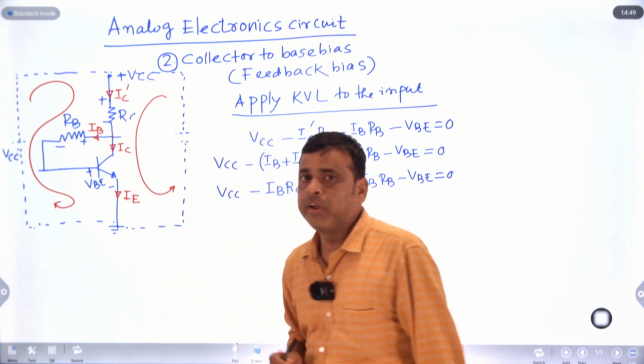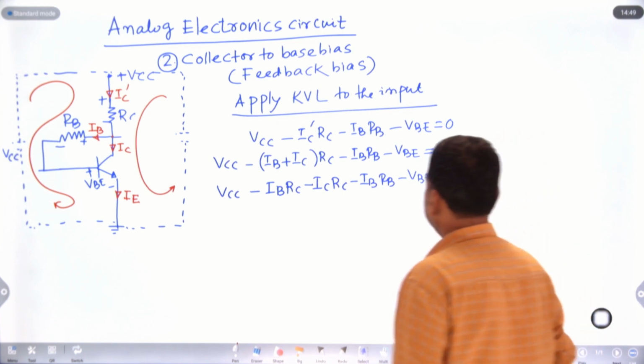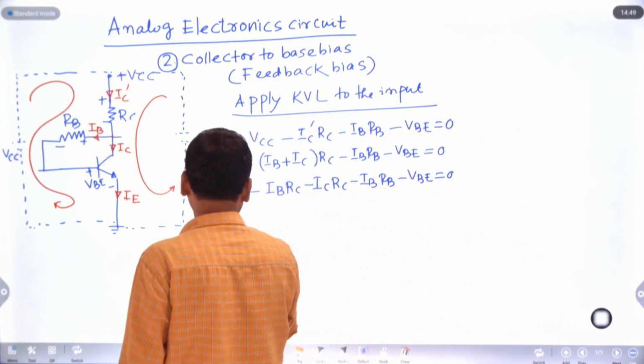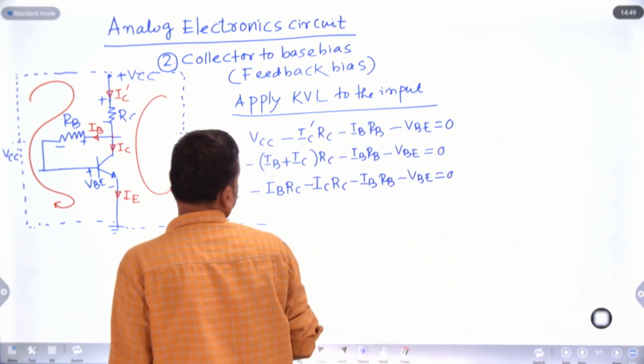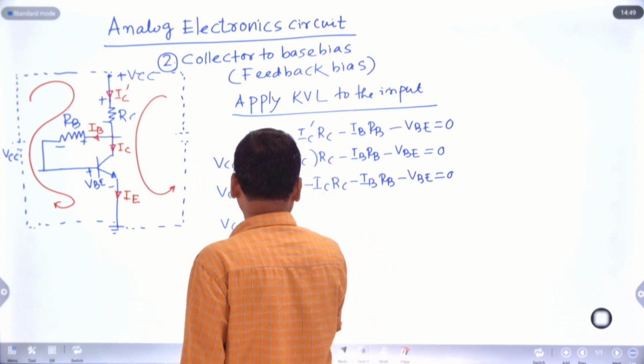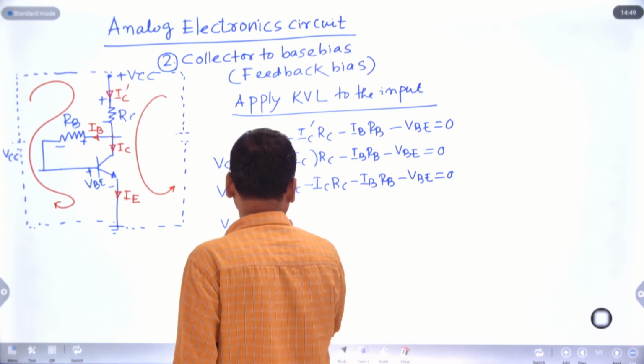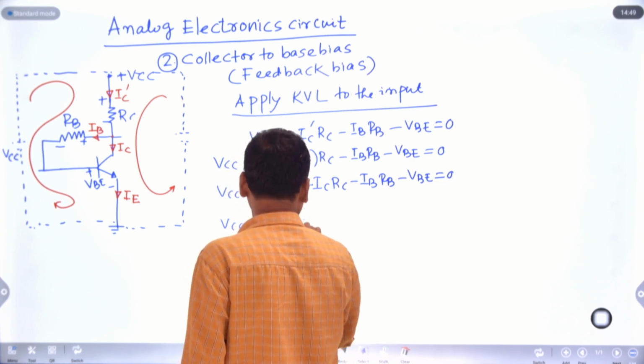First of all, apply KVL to the input and find the input current. Input current is nothing but the base current here. So this is VCC minus IBRC minus ICRC.